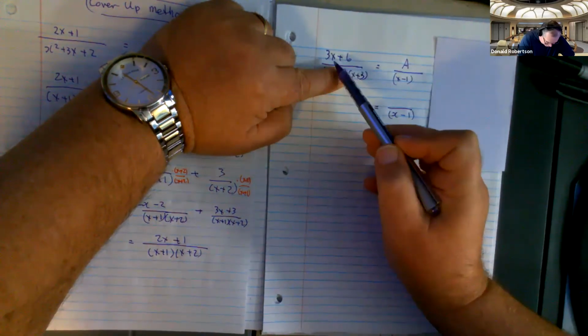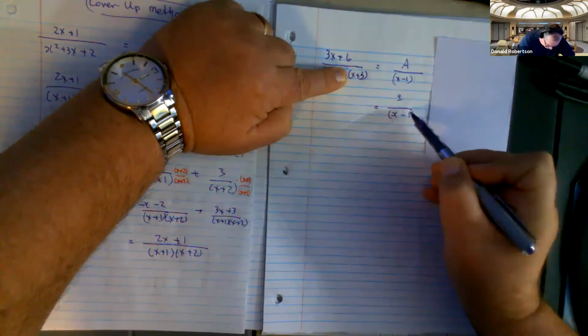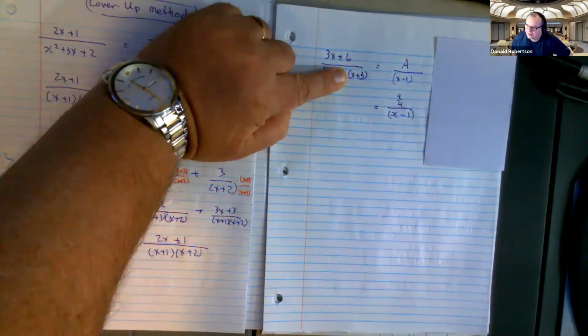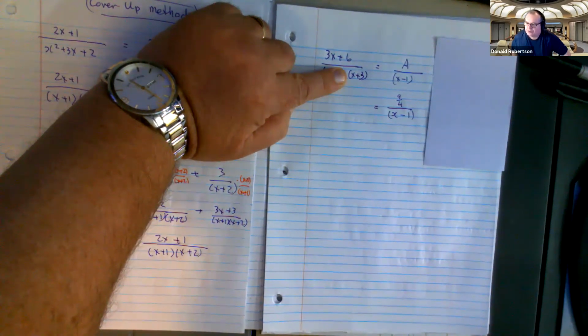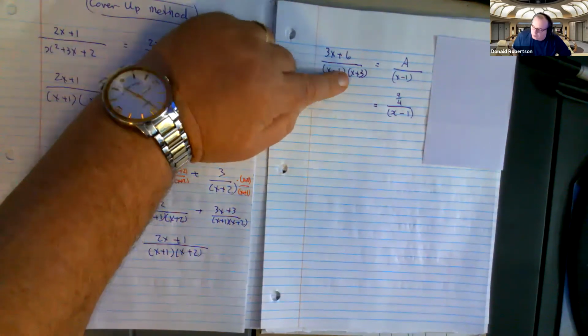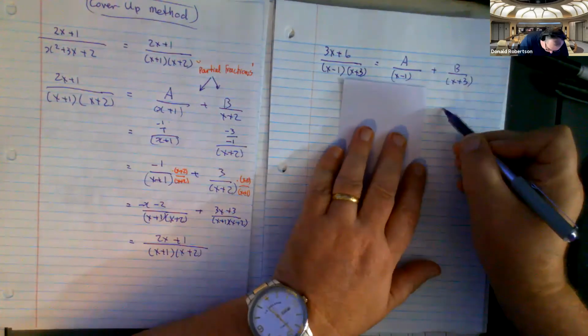3 times 1 plus 6 gets you 9. 1 plus 3 gets you 4. 9 quarters, which is much more common. You tend to get ugly fractions when you do these. You happy about covering it up and plugging in 1? Now let's do the other side, the x plus 3 side.